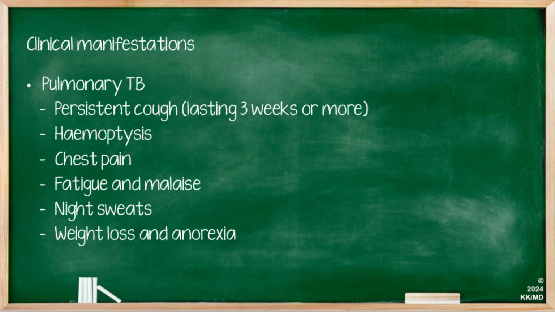So, in terms of its clinical manifestation, I'm sure you're all familiar with the signs and symptoms of pulmonary TB. And those include persistent cough lasting for 3 weeks or more, hemoptysis, chest pain, fatigue and malaise, night sweats, as well as anorexia and unintentional weight loss.